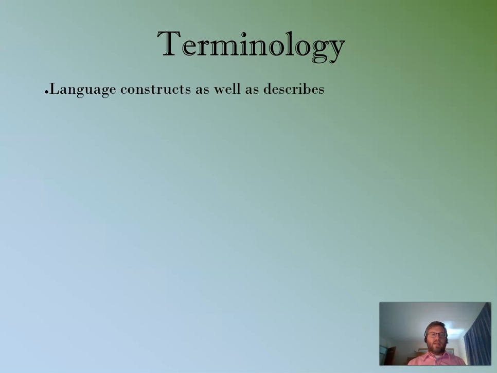Okay, so to look at some of the terminology. First, I think it's important to remember that the language that we use constructs our world as well as describing the world. And that's especially true when we're talking about a phenomenon like race. So there is no biological reality behind the divisions that we make in our society between different racial and or ethnic groups.